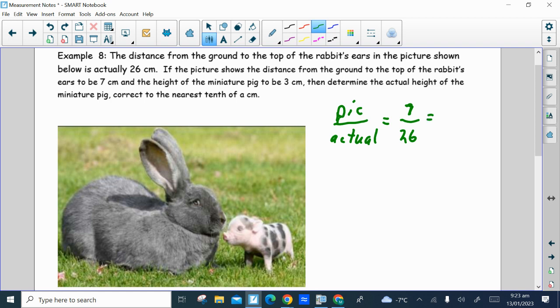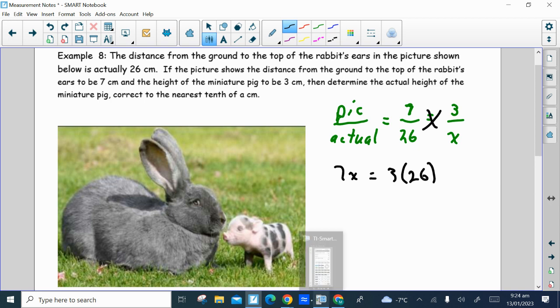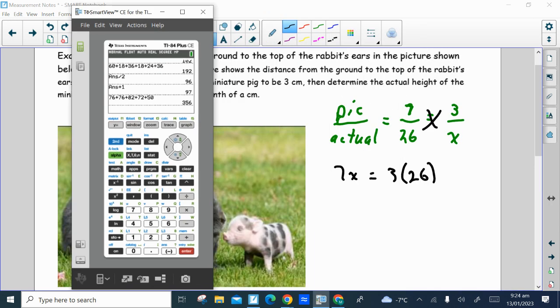Now we're told that the height of the miniature pig in the picture is 3 centimeters. We want to know what the actual height is. So I let that be x, and like we did before, we can cross multiply. 7 times x will equal 3 times 26, which is 78.